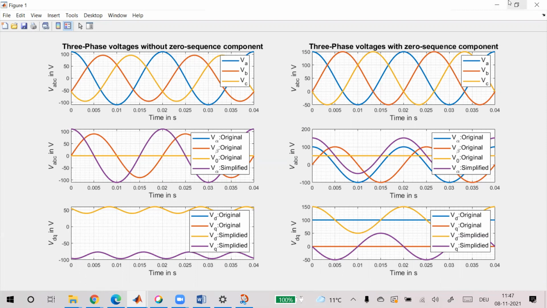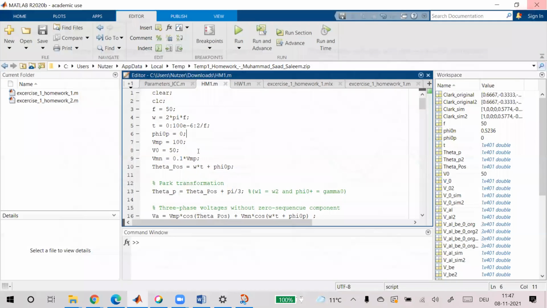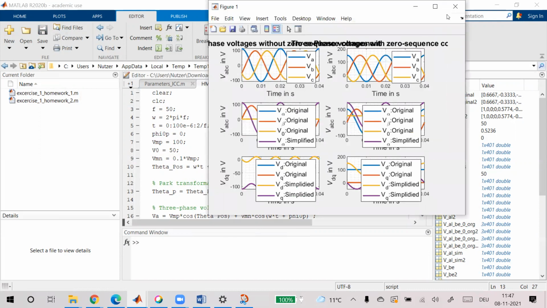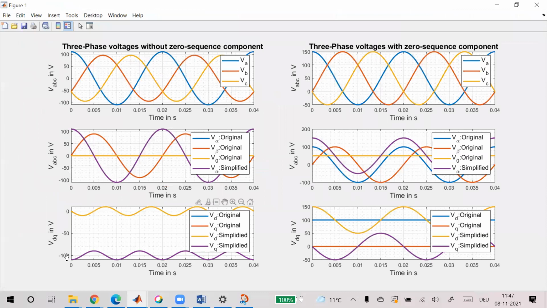Just for example, if I make this phase difference pi by 2, then you would see the DC value of D component is 0. Can you see the DC value of D component is 0?